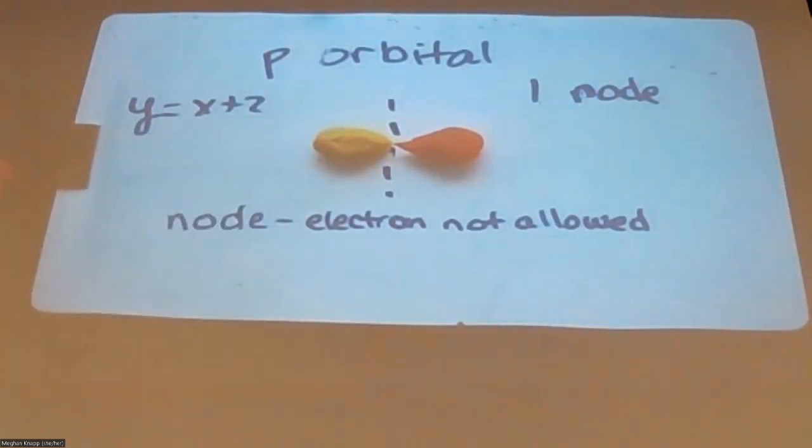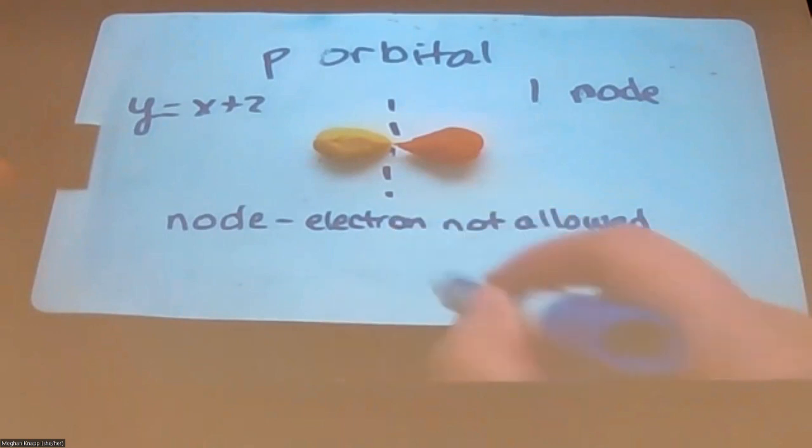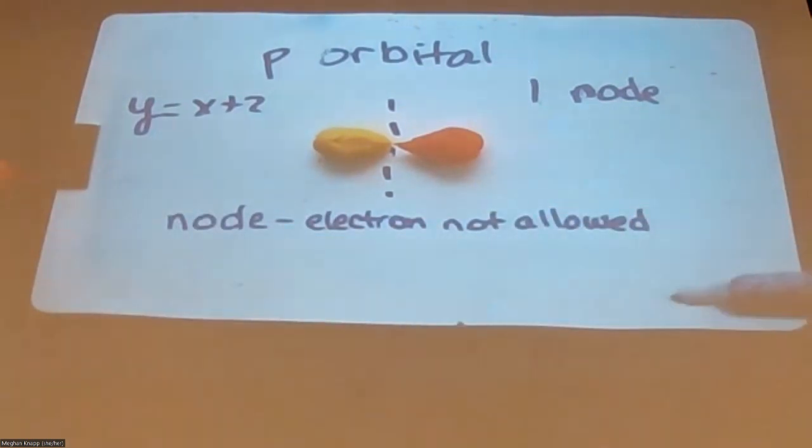So if x is equal to 3, then y is going to be positive, right? And if x is equal to 10, y is positive. If x is equal to 100, y is positive, right? But if x is equal to -3, then y is negative, right? So the equation that shows this orbital becomes positive on one side of the node and negative on the other side of the node.